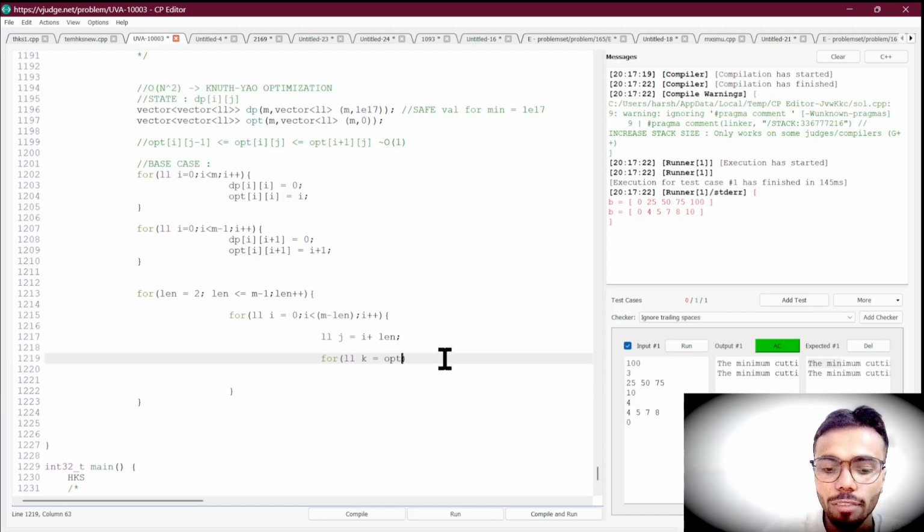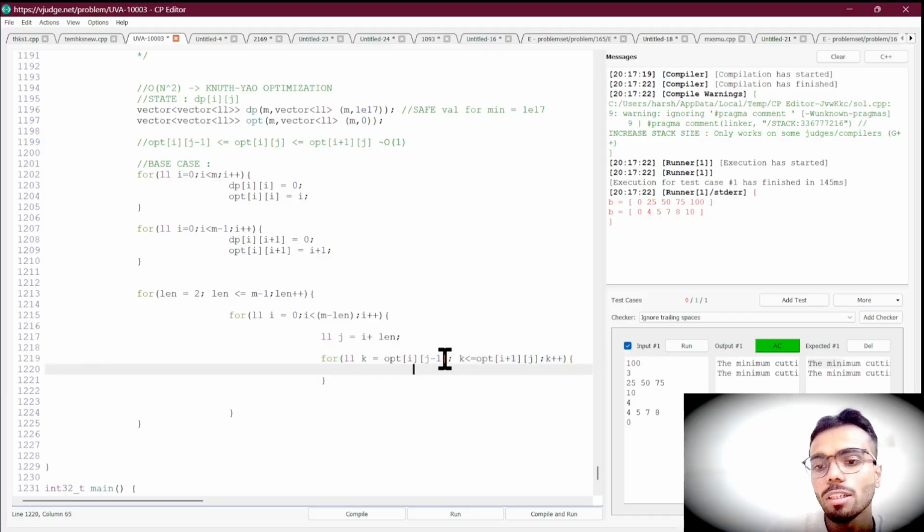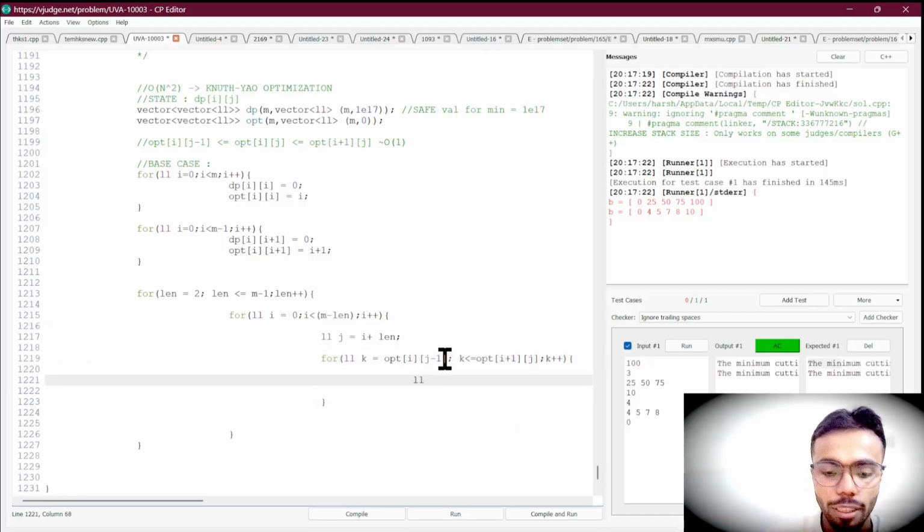We just write it for the current interval: the split search point lies in the range opt[i][j minus 1] up to opt[i plus 1][j], and we just increment it.